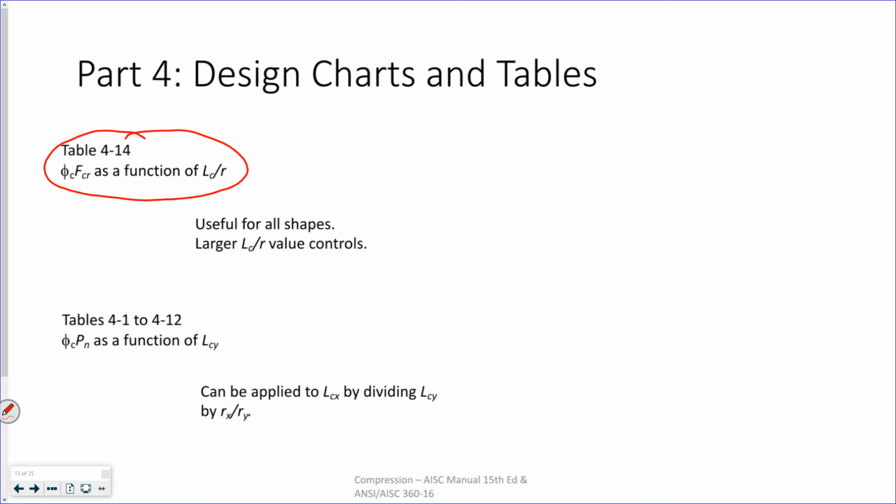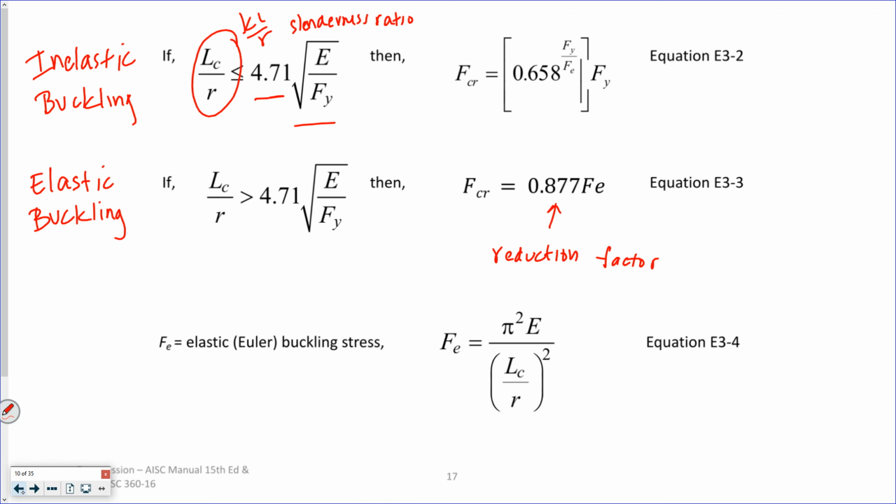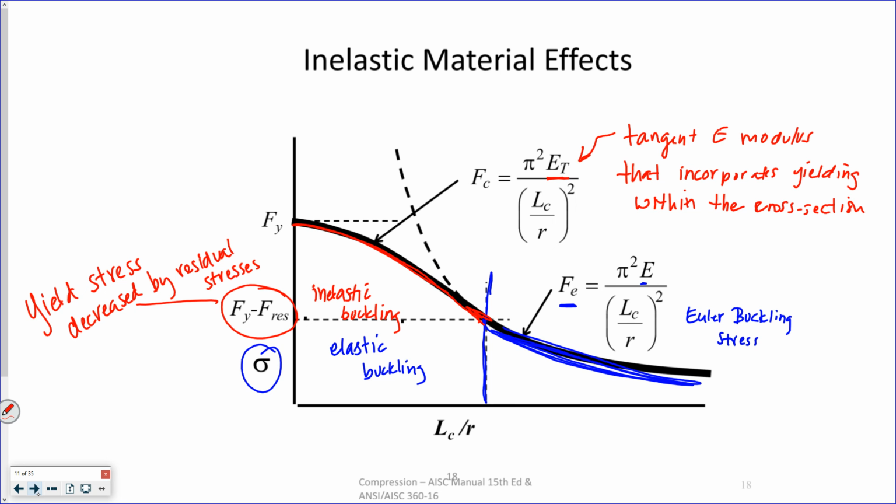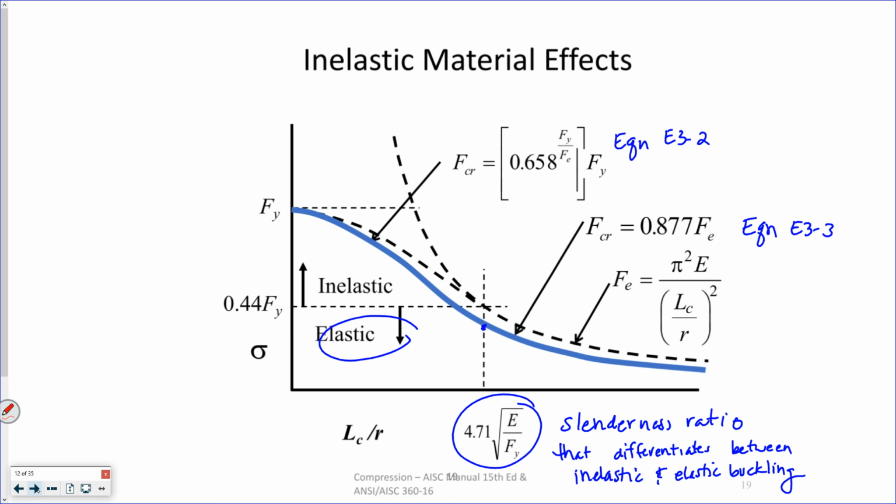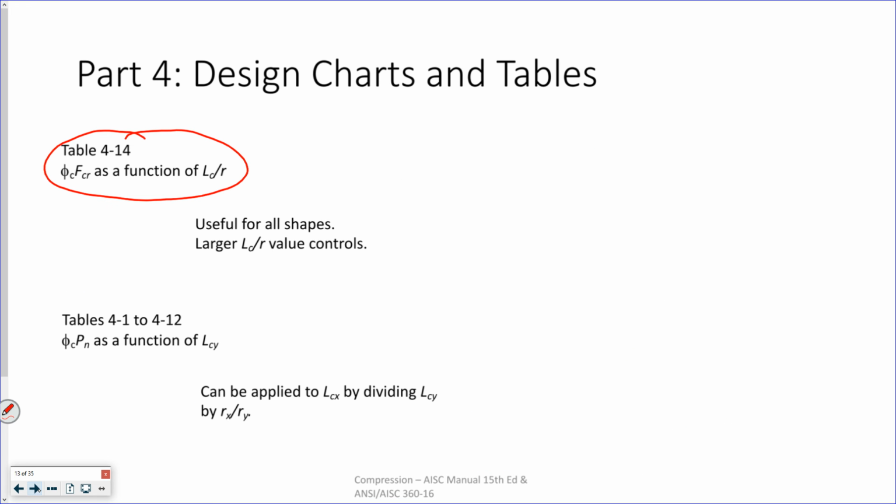We just talked about our critical stress here. Now you can figure out the critical stress based on the slenderness ratio. And it's useful for all shapes.